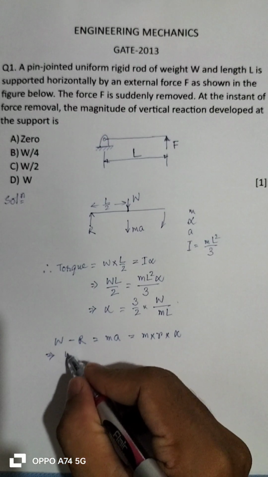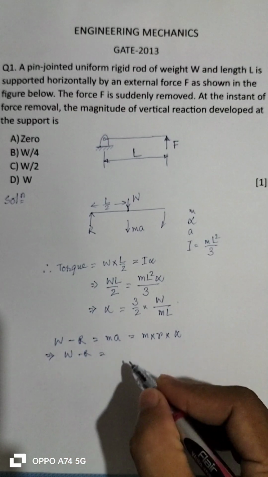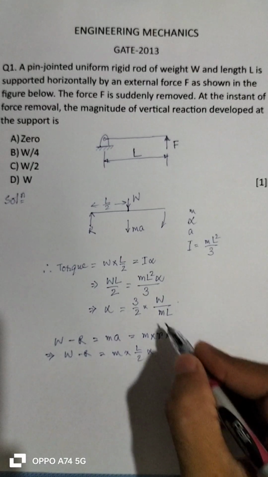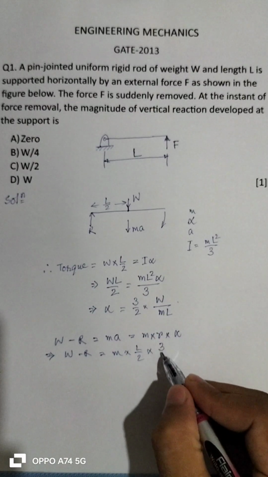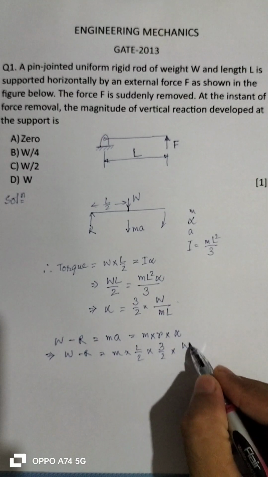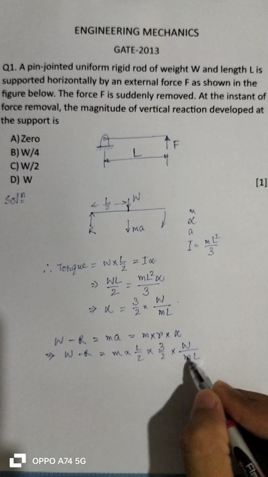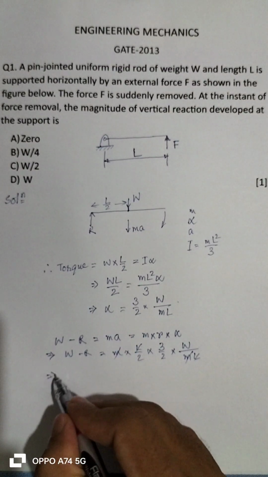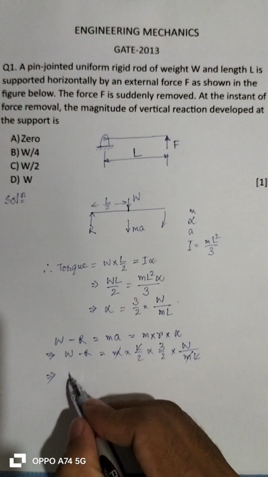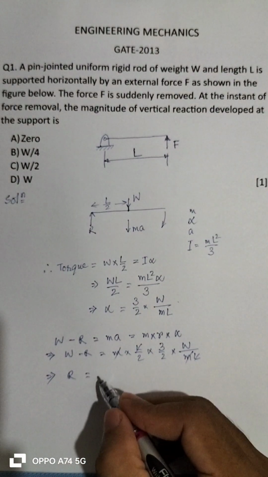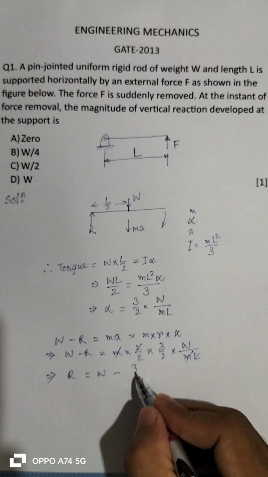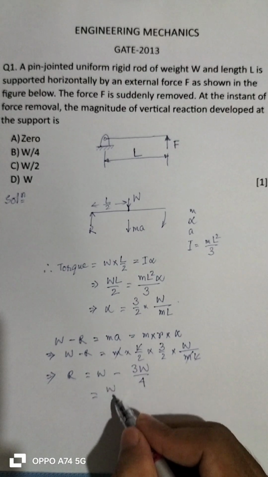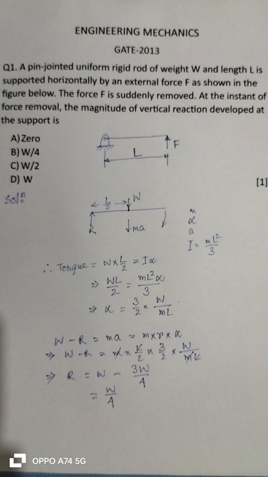So this implies W minus R is equal to M into L by 2 into alpha. So alpha is nothing but 3 by 2 into W by ML. So ML both gets cancelled. So we can write R is equal to W minus 3W by 4, which is equal to W by 4.